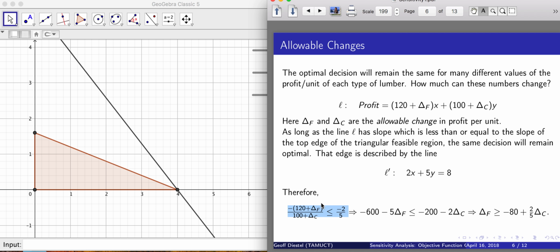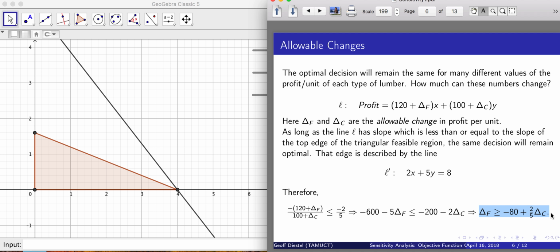Once the slope of our objective line becomes greater than this negative 2/5, we would have to then make a new decision. So all we do is we have an inequality, and we can just solve this inequality algebraically to relate the two allowable changes. And we get what we have on the right.